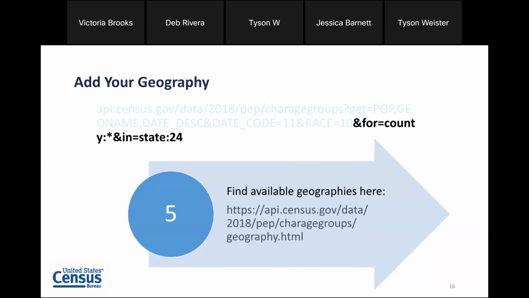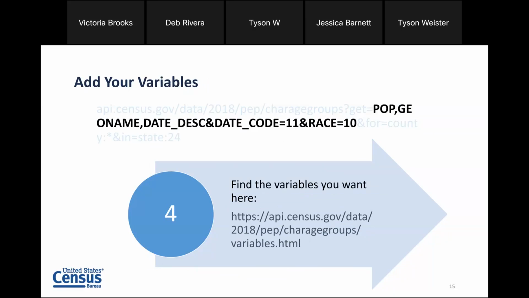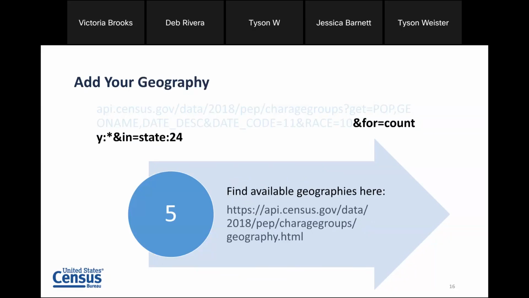After you put those list of variables, separated by a comma, by the way, you can include up to 50 in a single API query, then you'll specify your geography. So in this case, the geography portion of this URL says &for=county:*, &in=state:24.